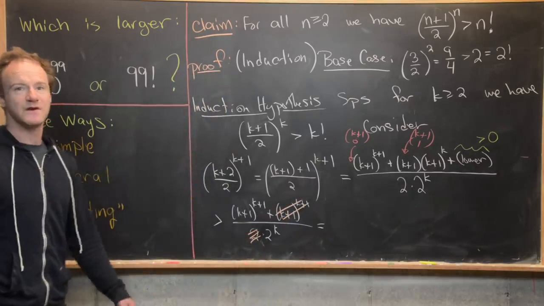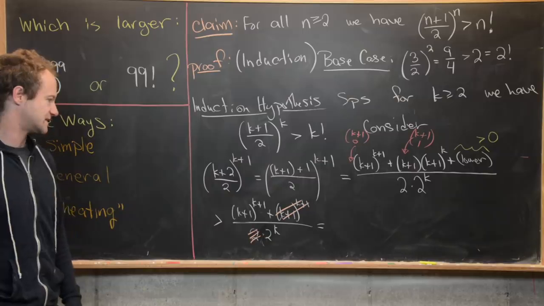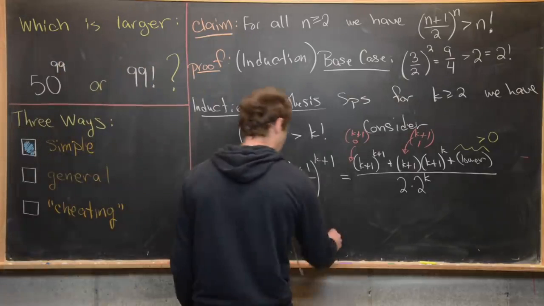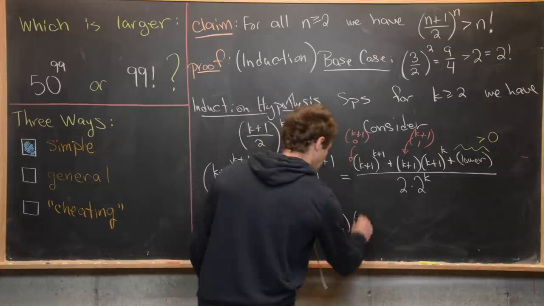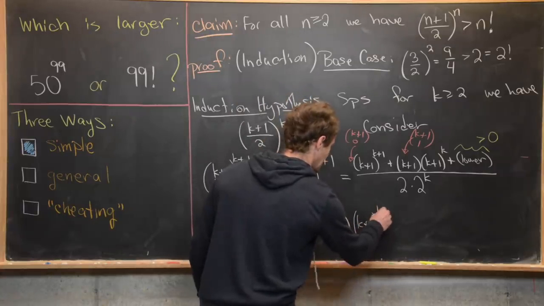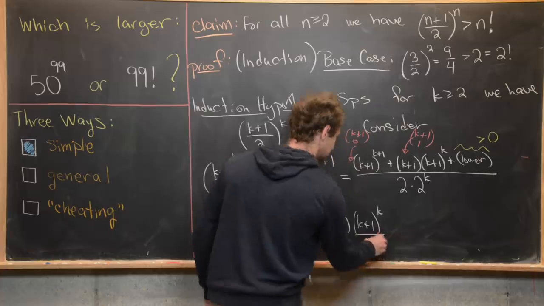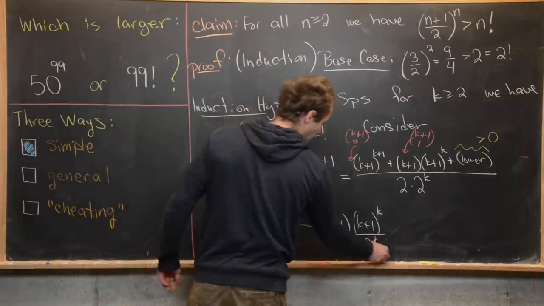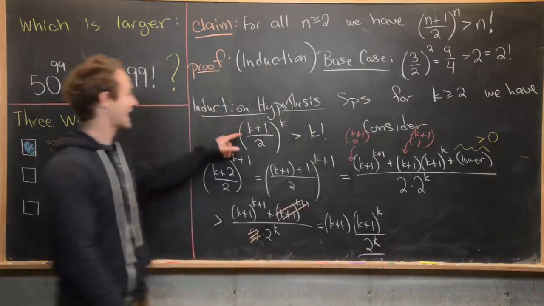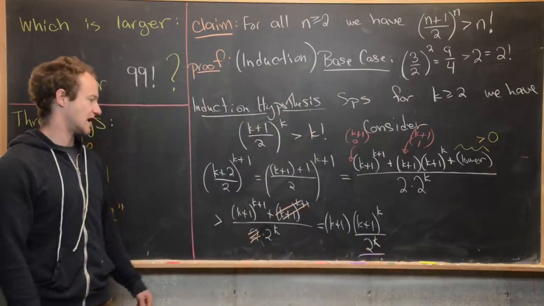But now that puts me very, very close to my induction hypothesis. So I can factor a k plus 1 out of this, and that'll leave me with (k+1)^k over 2^k. But look, this term right here is exactly what I have in my induction hypothesis.